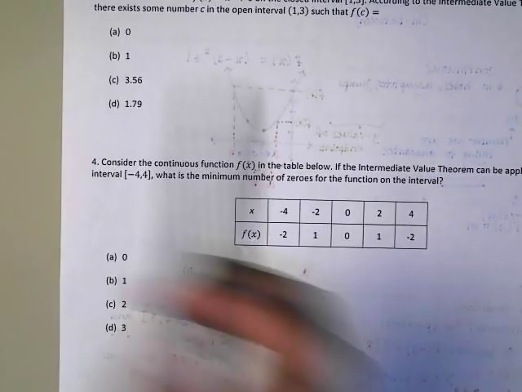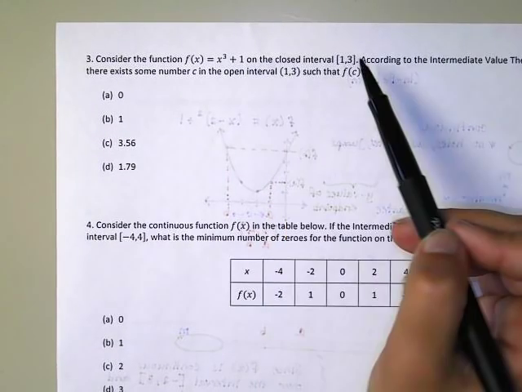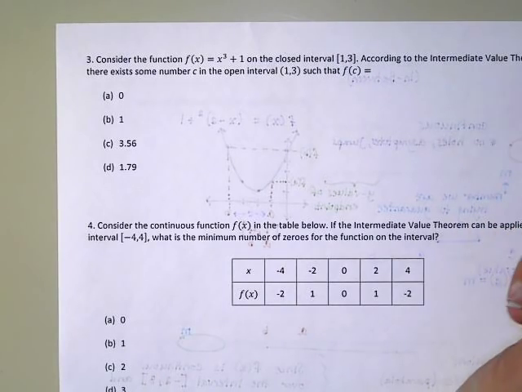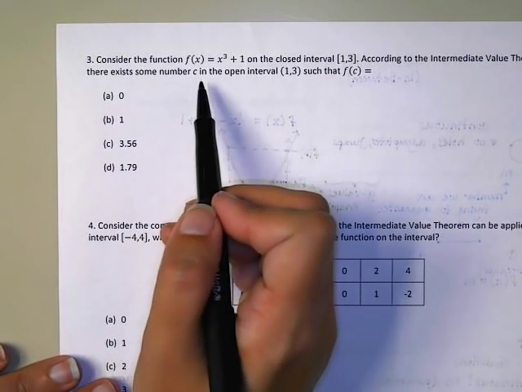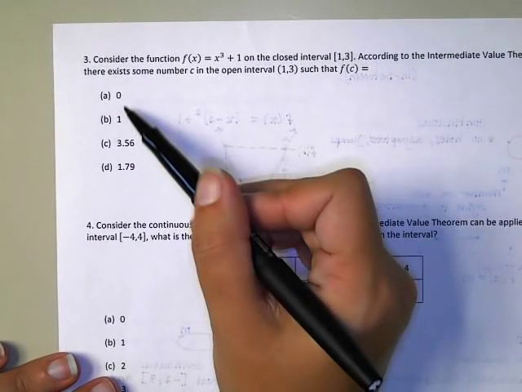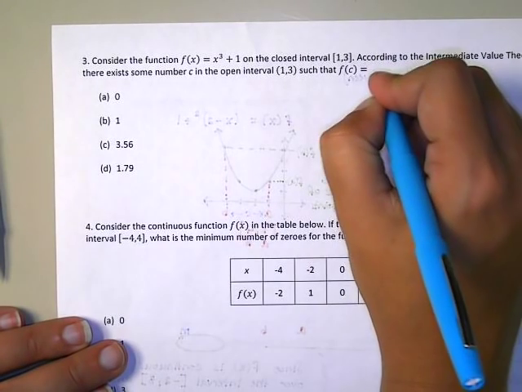So consider the function f of x equals x cubed plus 1 on the interval from 1 to 3. According to the intermediate value theorem, there exists a number c between 1 and 3 such that f of c equals, and what they're doing here is they're asking you which number can you promise.